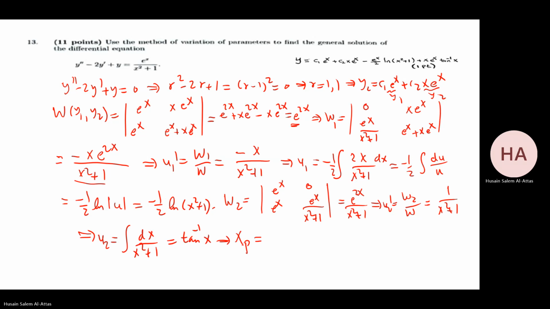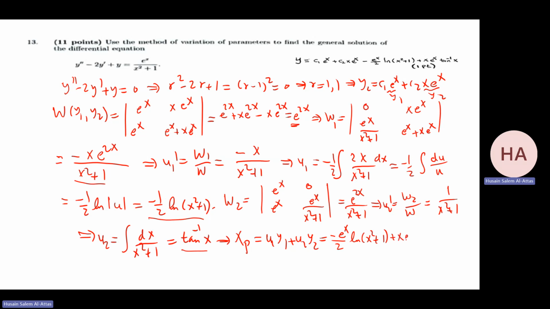Yp will be u1 y1 plus u2 y2. What is u1? U1 is this one, and y1 is e to the power x. So I have minus e to the power x over 2 ln of x squared plus 1. U2, which is tan inverse of x, times y2, which is x e to x.